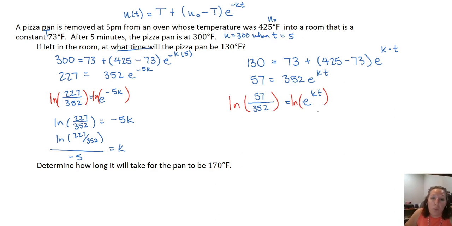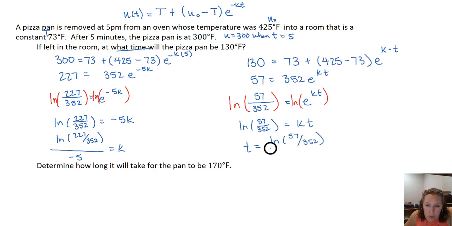The only difference is now we know K and we're solving for T. So we get the natural log of 57 over 352 is equal to K times T. So our T is going to be the natural log of 57 over 352 divided by that K value, which is the natural log of 227 over 352 over negative 5.